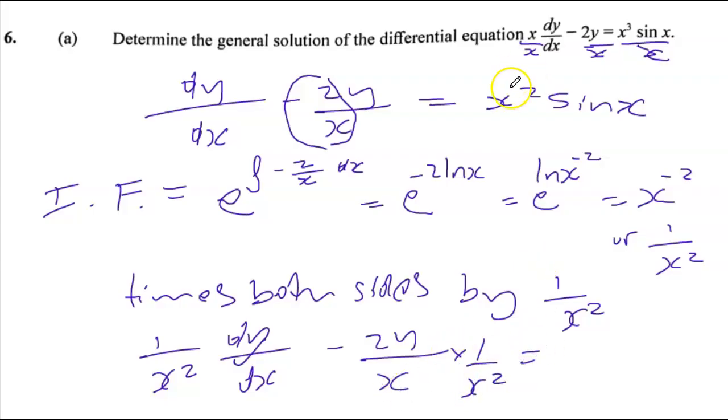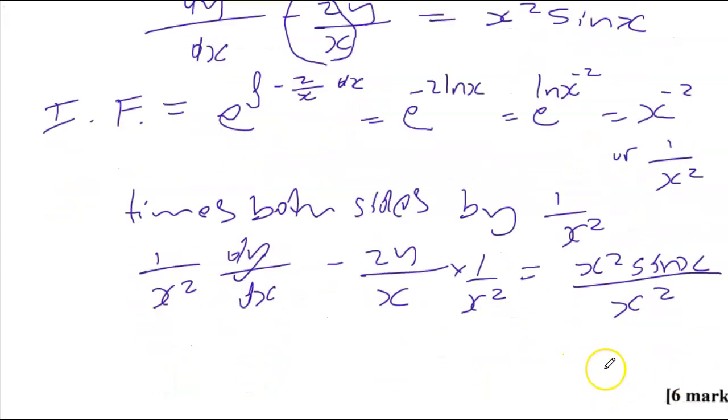And then 1 over x squared times the right hand side. So we have x squared sine x times 1 over x squared, same as dividing by x squared, right? So here the x squared cancels itself, so we're left with sine x.